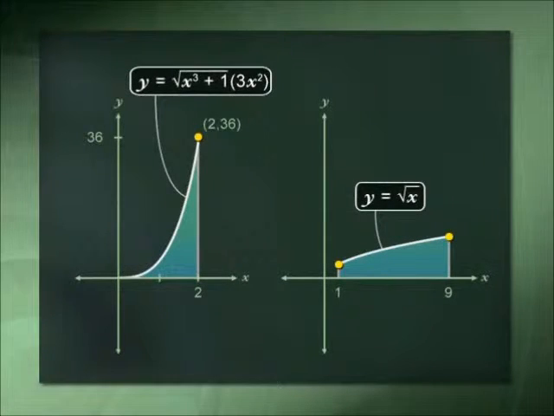On one picture, you'll see the original function on the interval from 0 to 2. And on the other diagram, you see the square root function on the interval 1 to 9. And what we've just observed is they have the same area. The integrals don't look alike, but they both calculate to be the same answer, which is the area under those curves. Great.